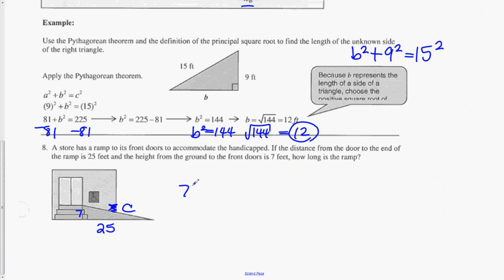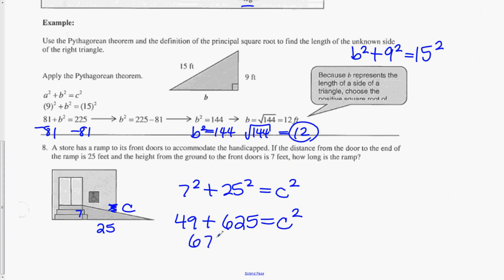So 7 squared plus 25 squared equals c squared. Well, 7 squared is 49 plus 25 squared is going to be, I believe, 625, equals c squared. So then add your 49 plus your 625, and that's going to give us 674.